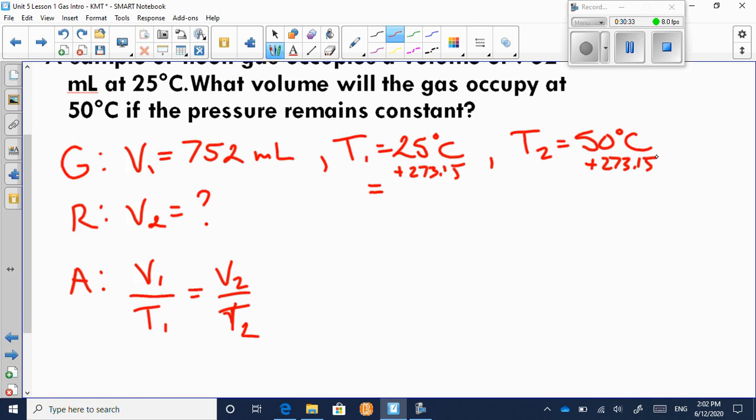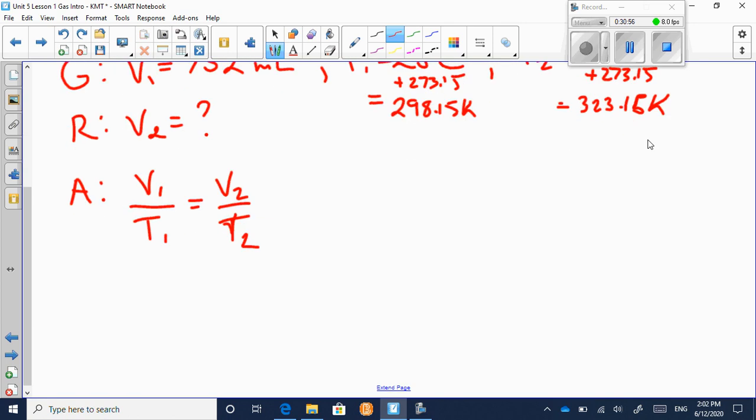So 273.15 plus 25, and I get 298.15 Kelvin. And here, 273.15 plus 50, and I get 323.15 Kelvin.